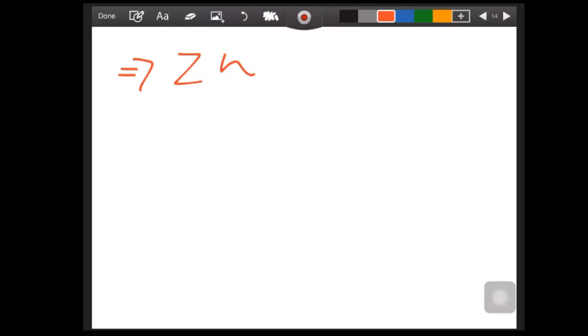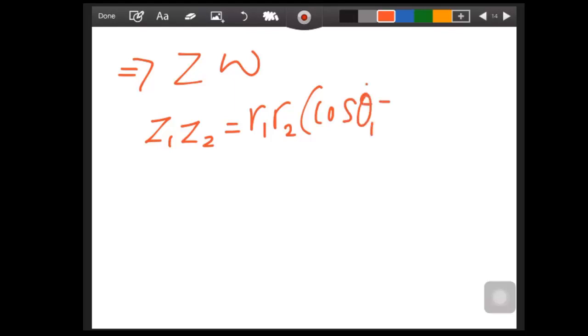So kalau kita ada Z1, Z2, so we got R1 R2 cos theta 1 plus dengan theta 2, dan kita ada plus dengan i sin theta 1 plus theta 2.